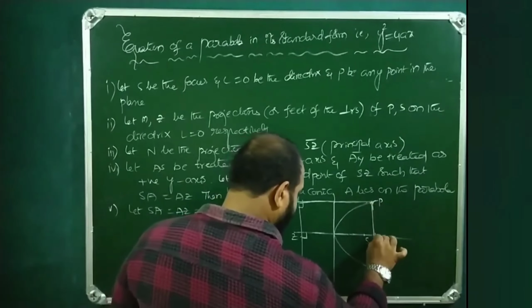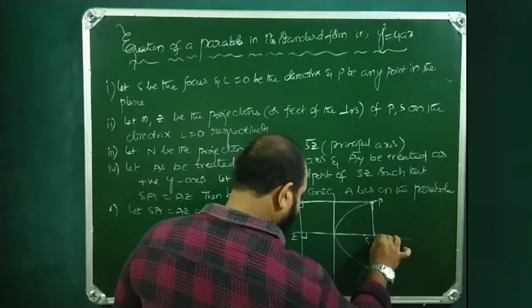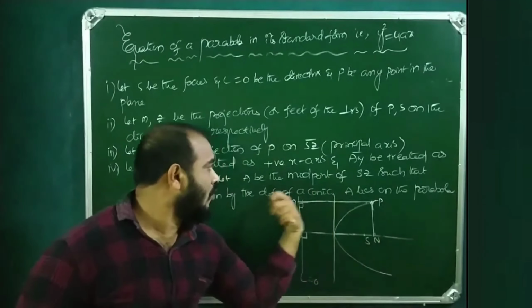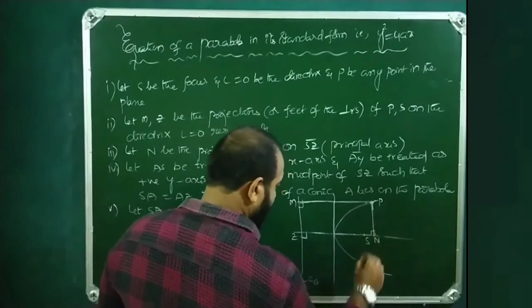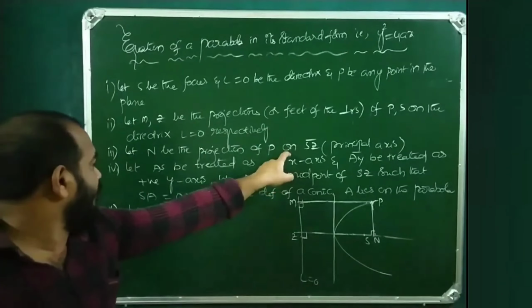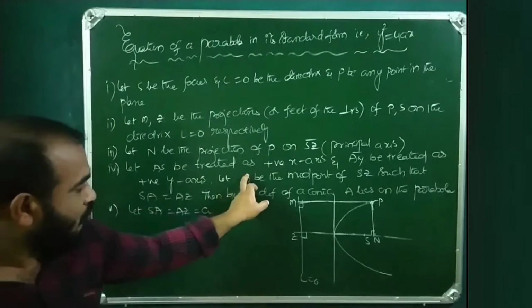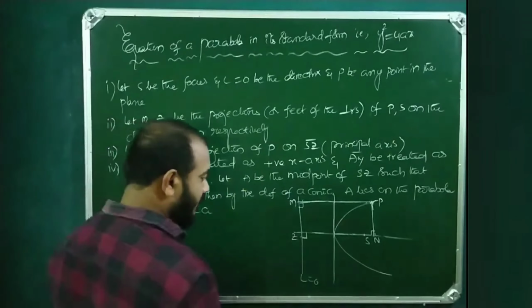So, this point N be the projection of P on the SZ, which is the principal axis. Let AS be treated as positive x-axis. So, this is A, and A is called vertex.